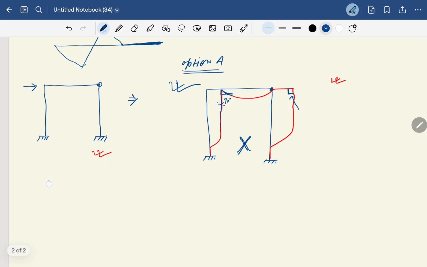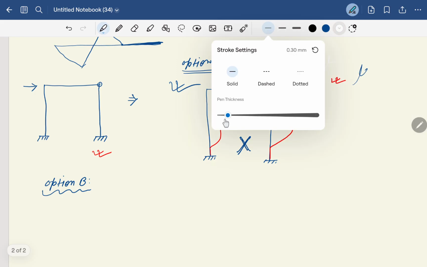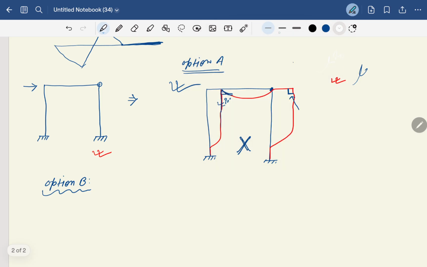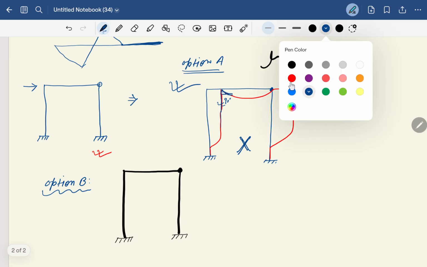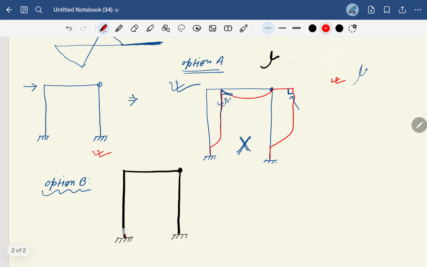Now we come to the second option. Option B. What does option B say? Here we are providing the fixed support, and in this case the deflected shape is like this.